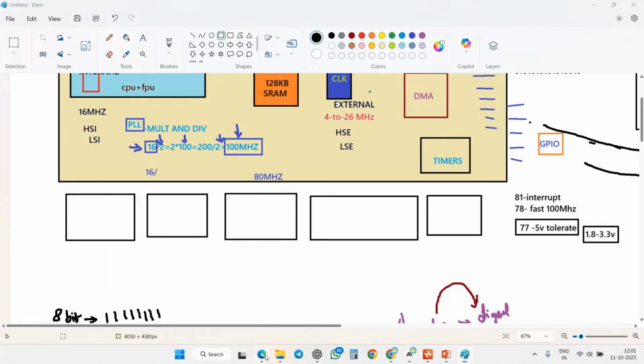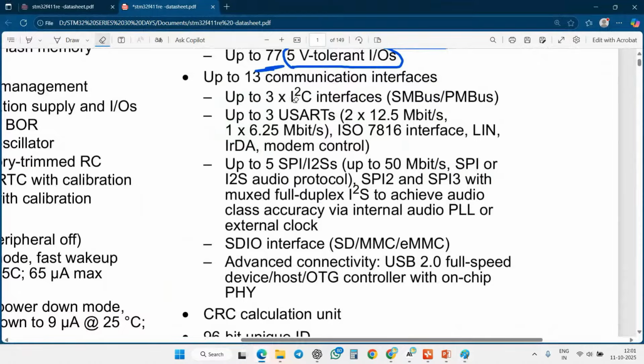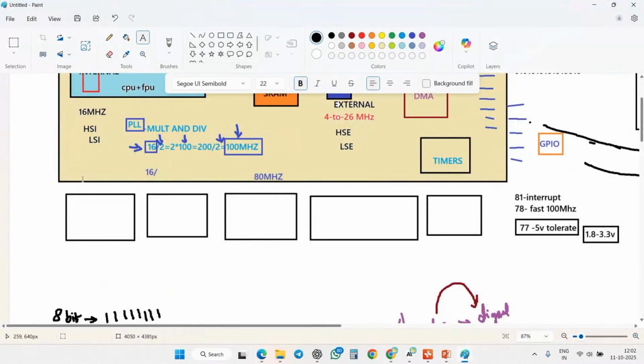First of all, what communication protocols do I have? I have I2C, UART, SPI, I2S, and USB. First I am going to write this concept, and then the purpose of each one. Here I have UART, I2C, I2S, SPI, and USB OTG.